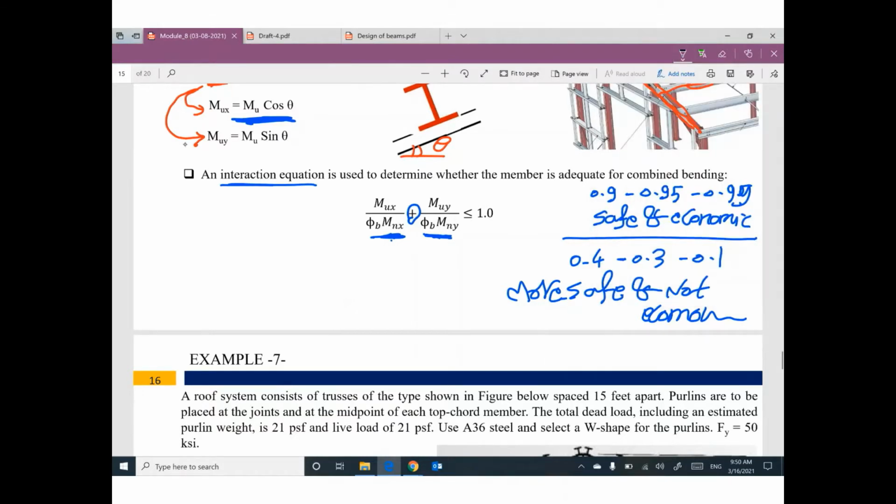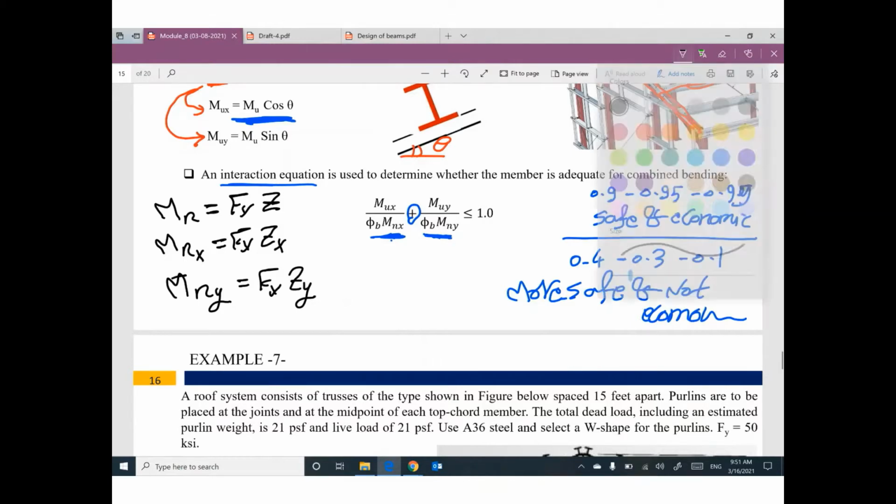We understand Mn equals F yield times Z. If you go back to last week, Mn, the nominal moment, equals F yield times Z. If you would like to get Mn about X, F yield times Zx. If you would like to get Mn about Y, F yield times Zy.